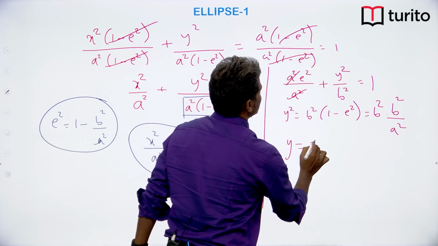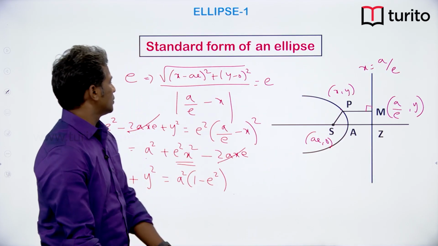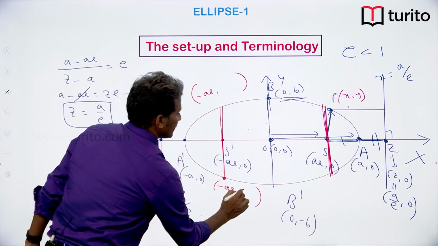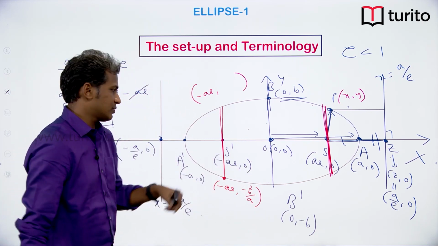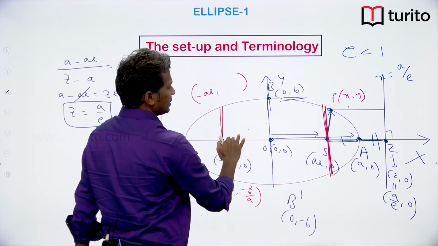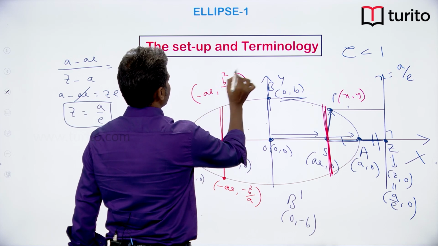So, y becomes plus minus b square by a. These 2 points will be: here it is minus b square by a because it is in the third quadrant, y has to be negative, and here it is in the second quadrant, y has to be positive. So, it is b square by a.